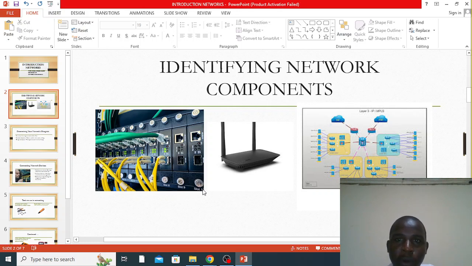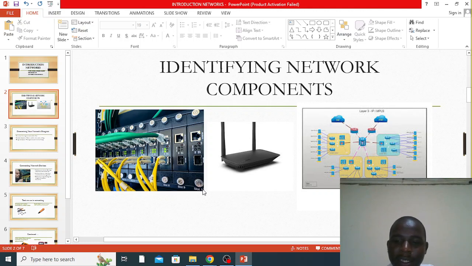So when we talk about a network, we normally talk about the devices that are being connected, and then we have other peripherals such as the router, the switch, the cables, and very many other components.